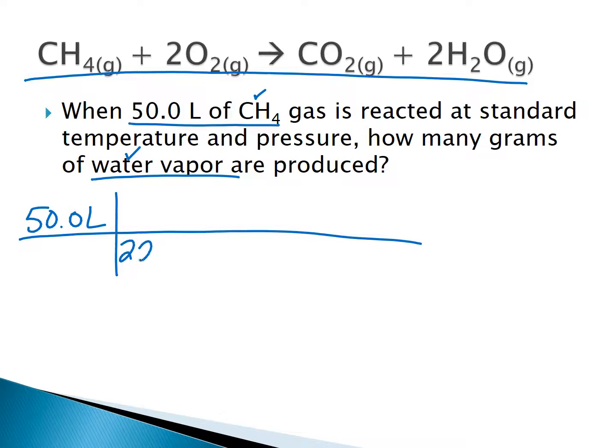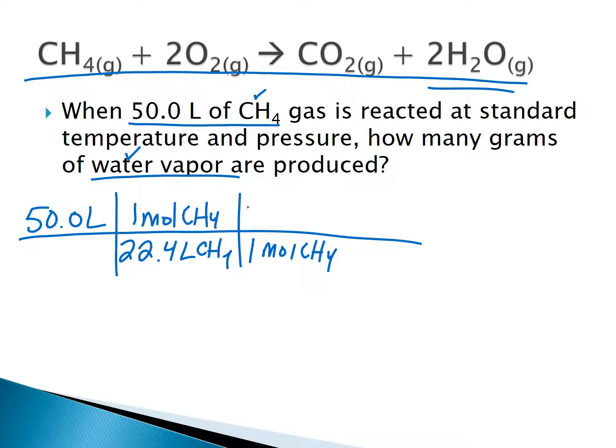So there's 22.4 liters of methane in 1 mole of methane. Now that I have moles of methane, I can calculate moles of H2O. So there's 1 mole of methane for every 2 moles of H2O. Now it wants grams of H2O.